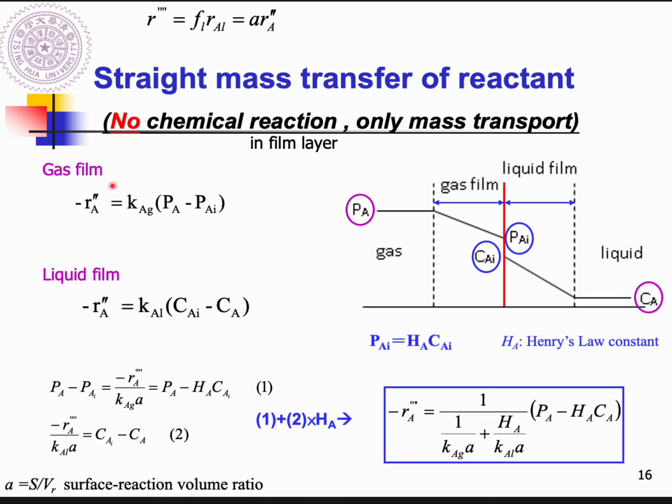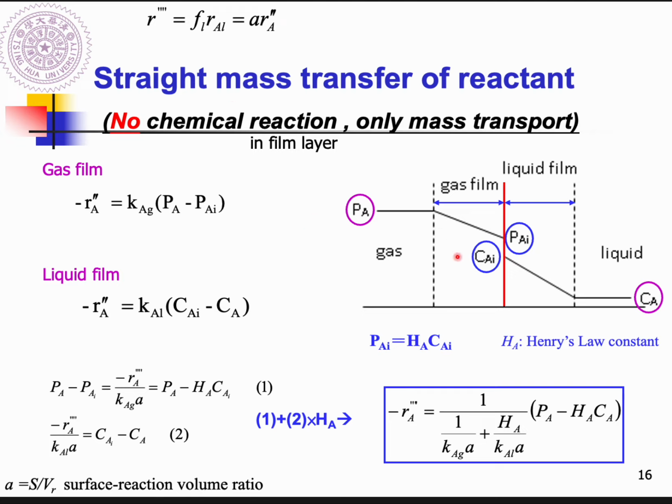So in the gas film, based on the slide you learned from section 1, the flux, the consumption rate of reactant A, J_A double prime is a flux, right? Double prime is a flux.